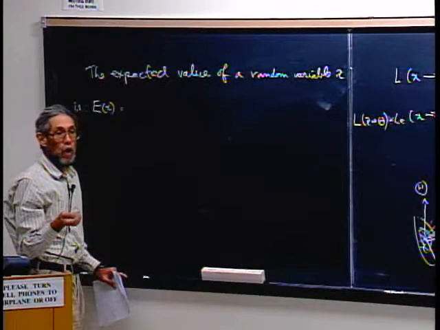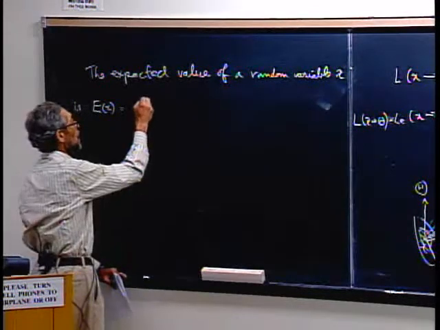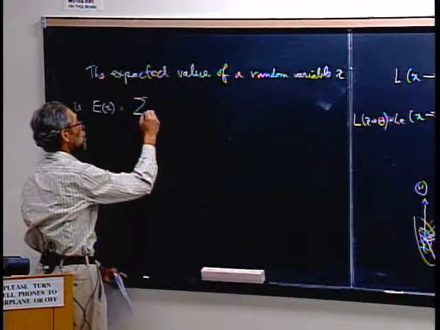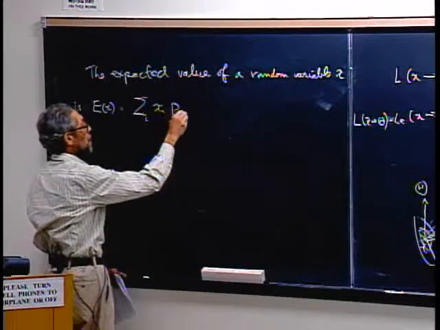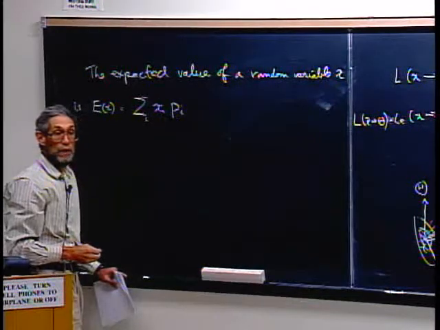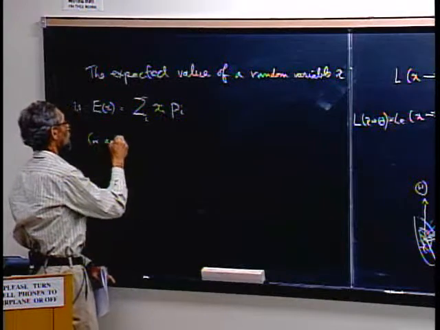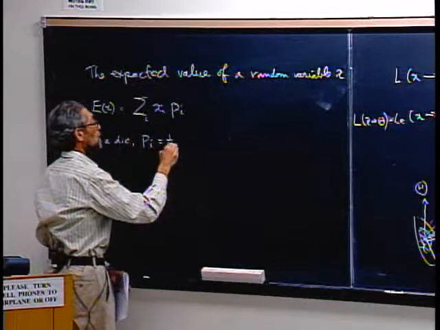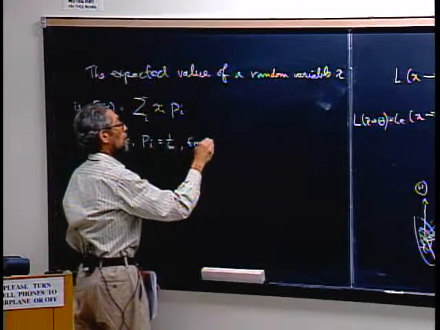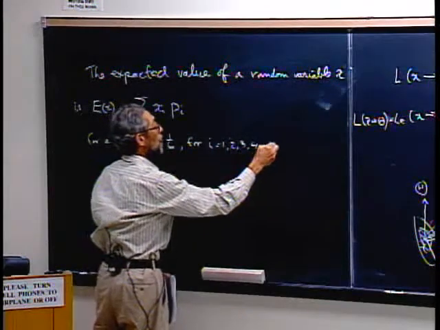We could ask, what is the average of the score we're going to get? And what that is is the sum over i of the score on the ith event times the probability of that event happening. So for a die, p_i equals 1/6 for i equals 1, 2, 3, 4, 5, or 6.